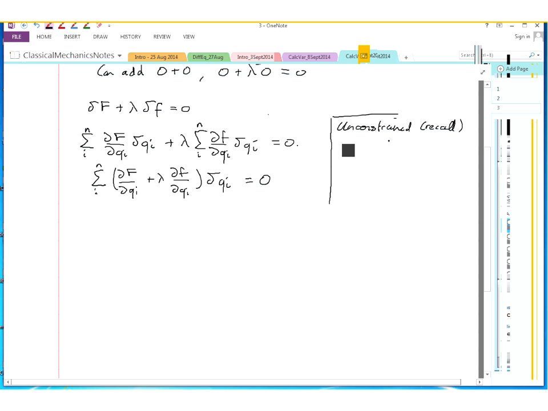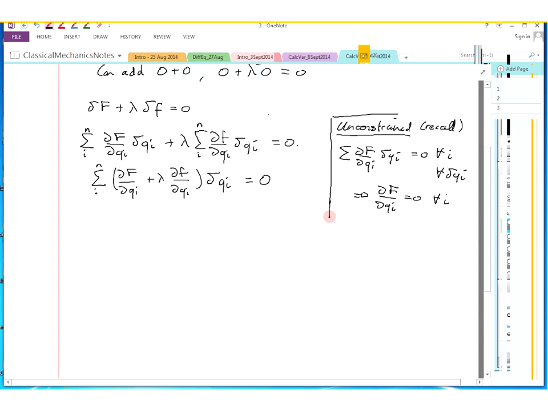For the unconstrained case, we had the sum of di F by di Qi delta Qi equals 0 regardless of i, and so regardless of delta Qi. And so we found that di F by di Qi is 0 for all i.